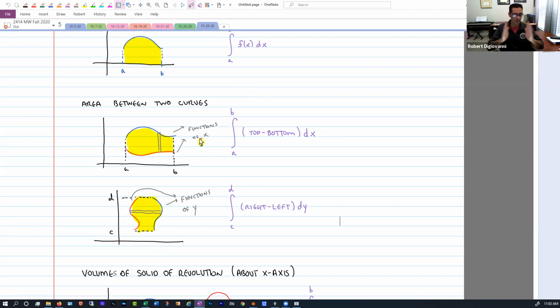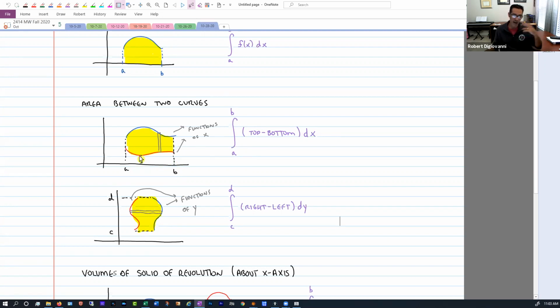We find a formula for each of the vertical rectangles within this region. Once we find the formula, which in this case is the top curve minus the bottom curve, that's the height of the rectangle, times the width, which is dx, then we just integrate that from a to b. So a to b gives us our variation of x.